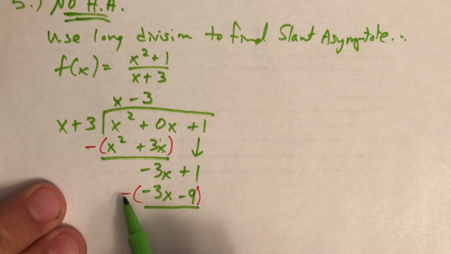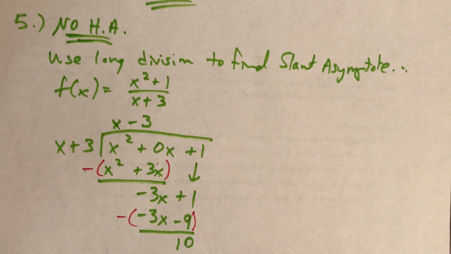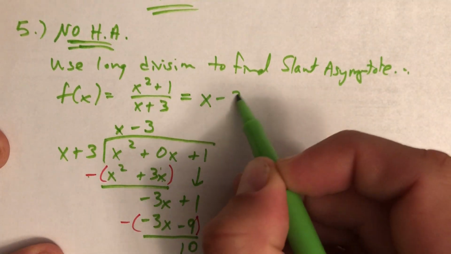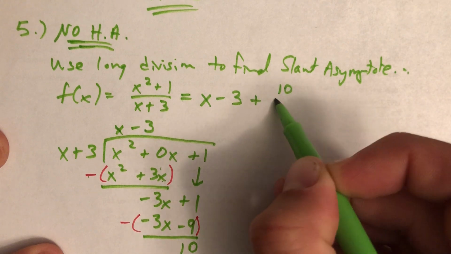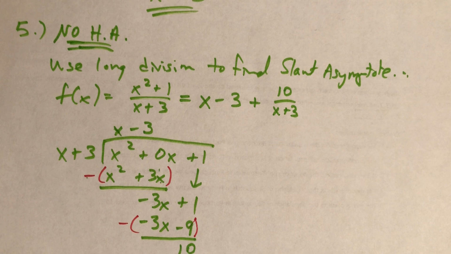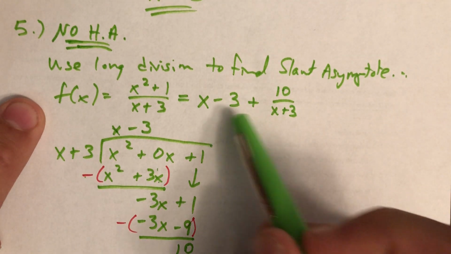Okay, so we've got 1 minus negative 9, that's plus, so we got a 10, and then that's 0. So what we've shown here is that we can write our function as x minus 3 plus 10 over x plus 3. All right, so we used long division to rewrite our function as a quotient and a remainder, right?